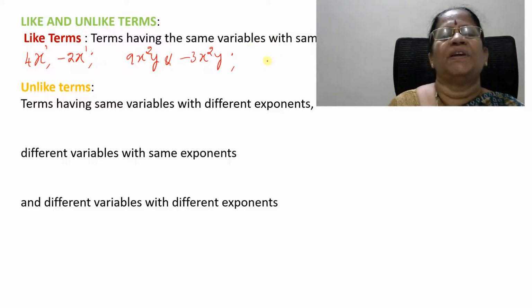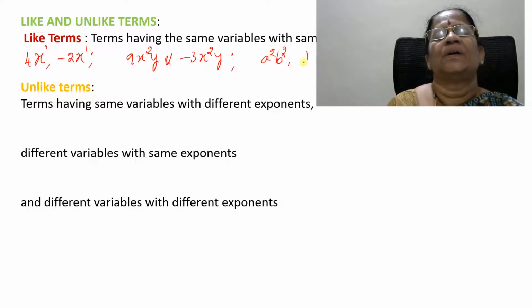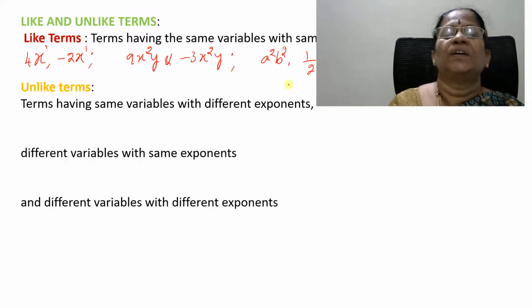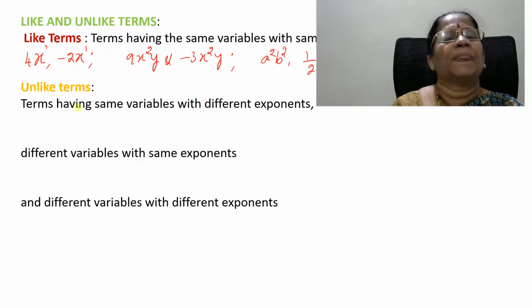Or it may be, say, a square b square, half a square b square, 1 by 3 a square b square. Okay, so in all these cases, even though their coefficients are different, the variables are the same. So these are said to be the like terms.